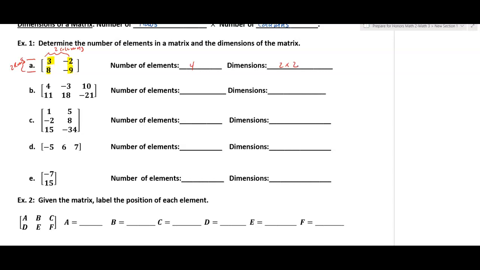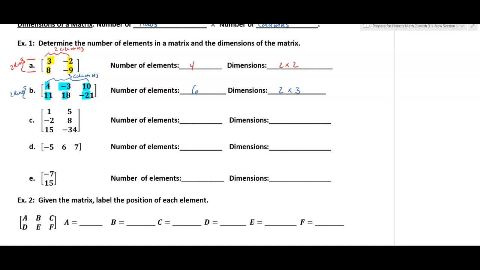Okay, the next one. Number of elements. If I look, there's 1, 2, 3, 4, 5, 6 elements. So we have 6 elements. In the dimensions, we have 2 rows by 3 columns. So this would be a 2 by 3 matrix.